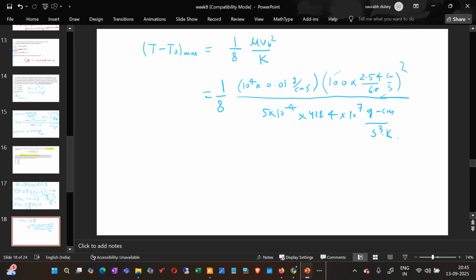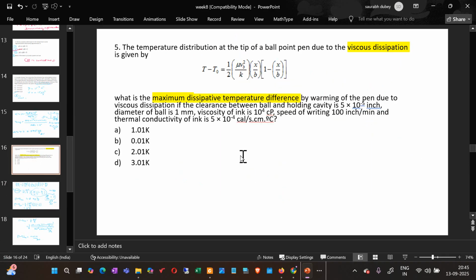So when you solve it, what you will be getting is T minus T0 max equals 0.011 Kelvin, right? So the answer to this is 0.011 Kelvin. So answer B is the correct answer for the given problem, right?